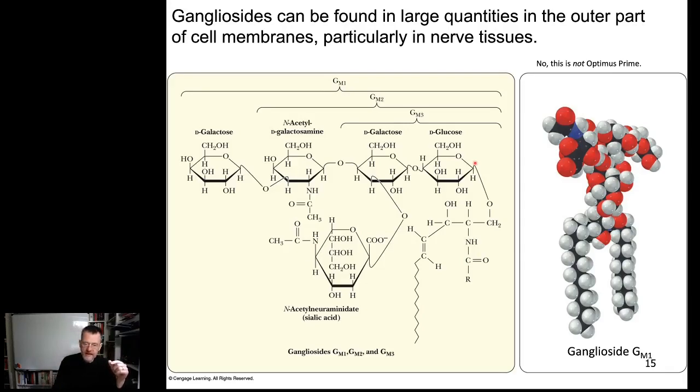Here, obviously, it's a beta glycosidic bond between this hydroxy group of the primary alcohol of our sphingosine to the anomeric carbon of our glucose, etc. So this is not a molecule to memorize. This is a molecule in which you're supposed to recognize certain aspects.